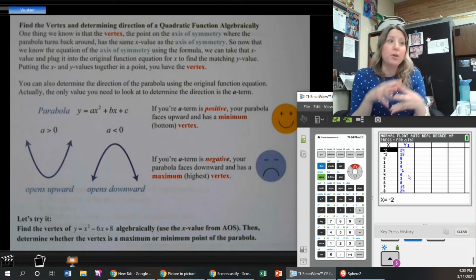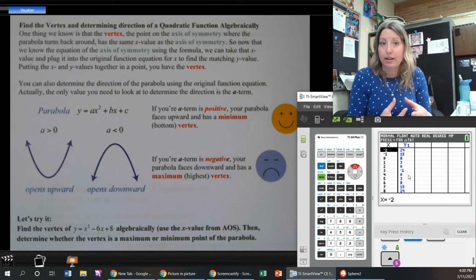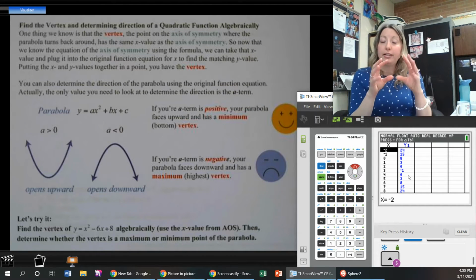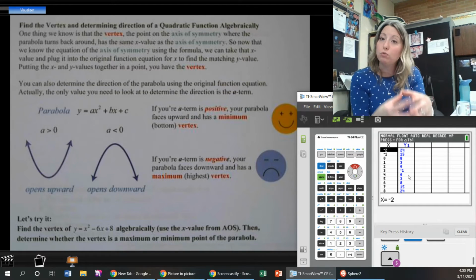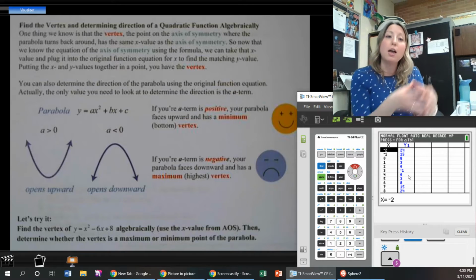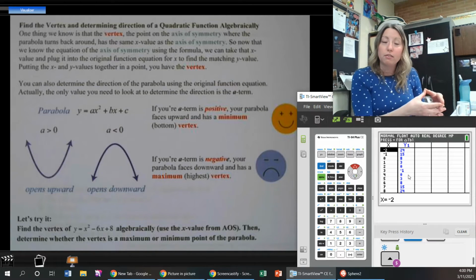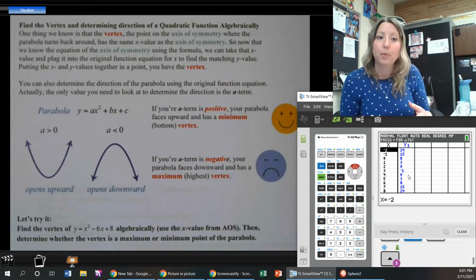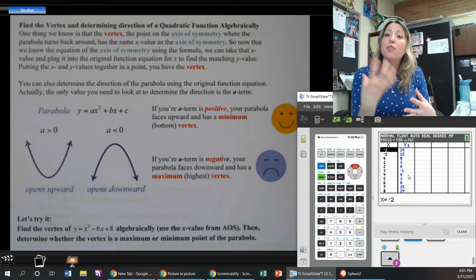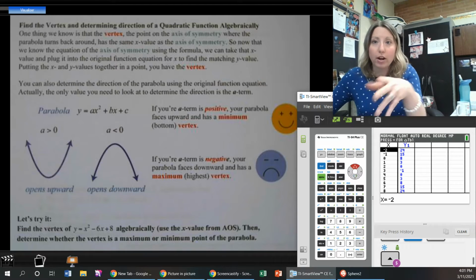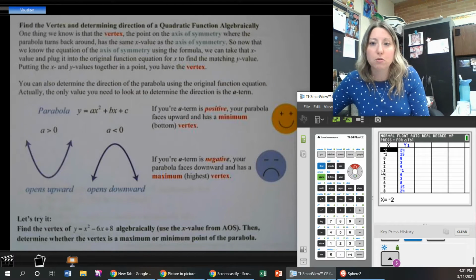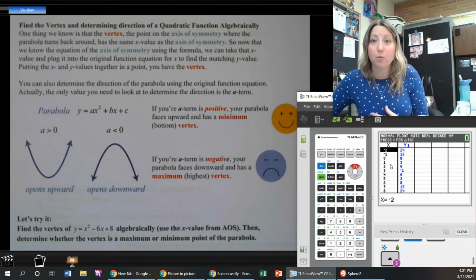Those two things are, we can actually find the value of y for the vertex by taking the x we just found as our x value for our axis of symmetry and plugging that back into the equation and solving for y. That'll give us the y value that matches that x value of the point, okay? Since I just checked for my axis of symmetry, I'm actually going to know what that vertex is going in, which will be helpful.